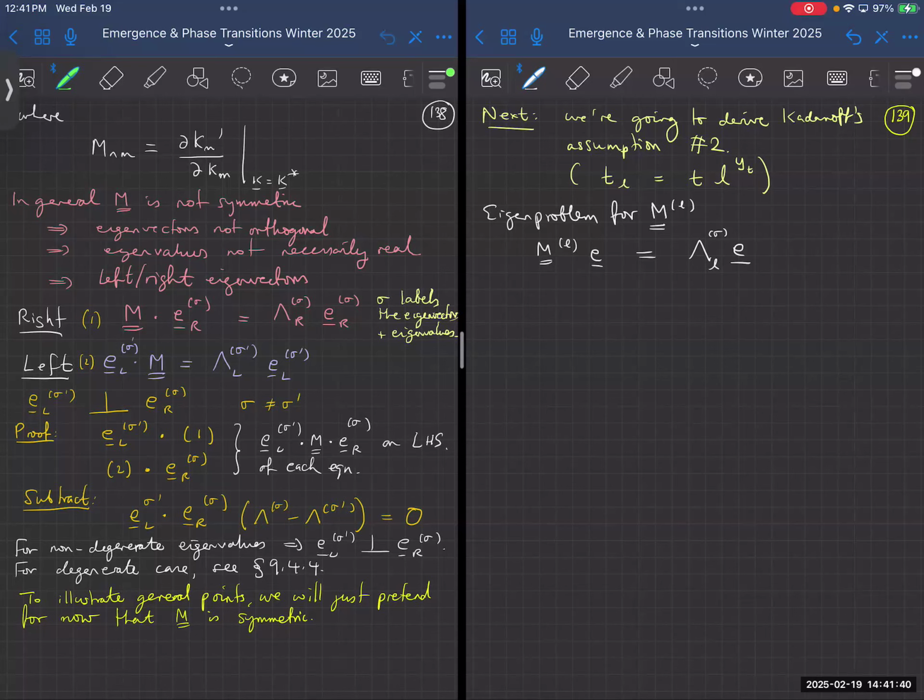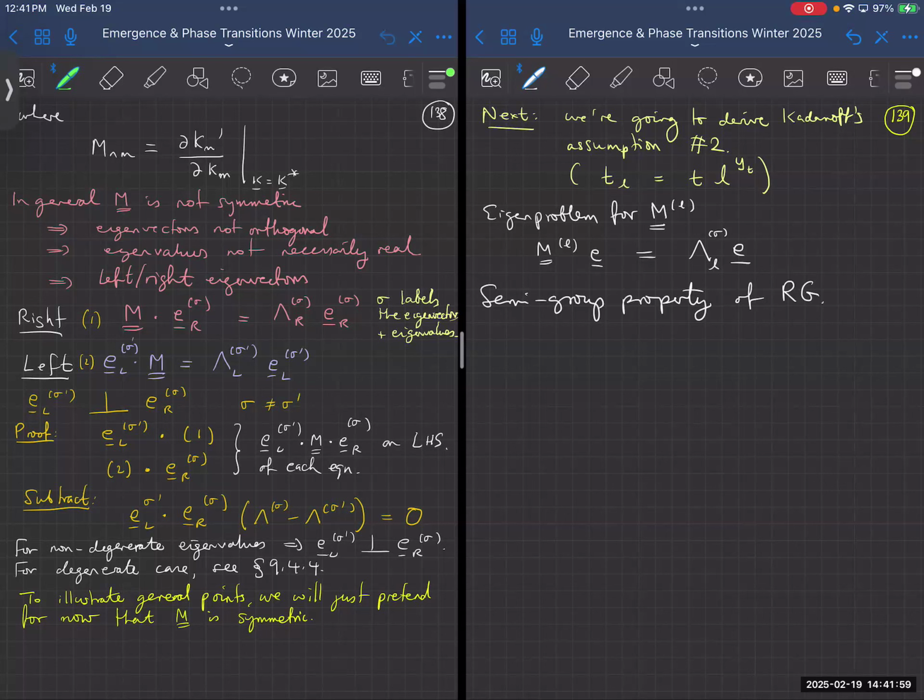Now, we're going to use the semigroup property of the renormalization group transformation.